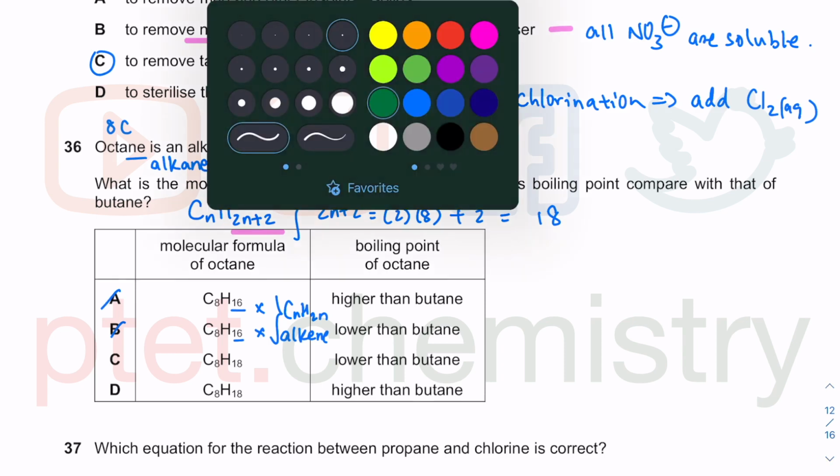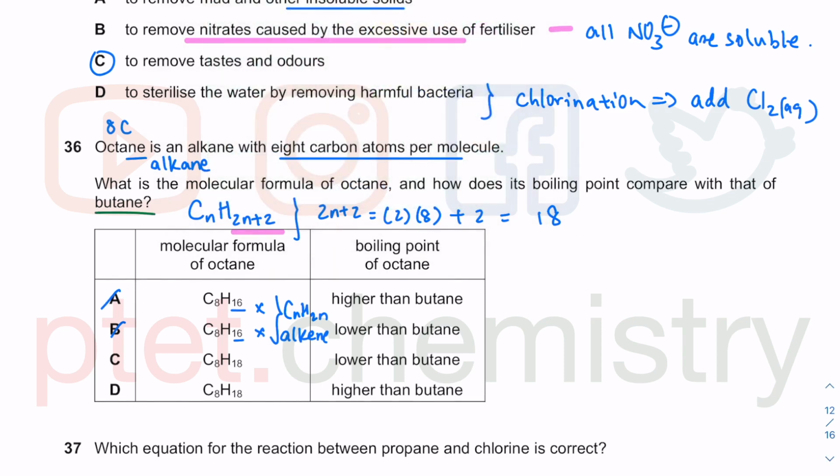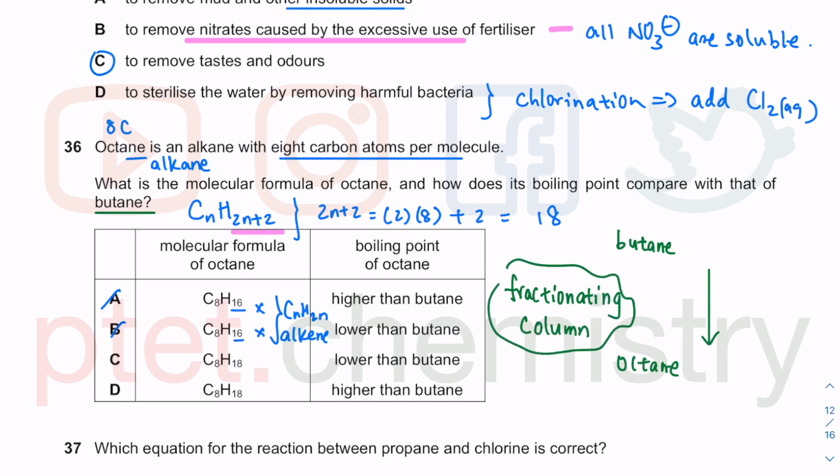In terms of the boiling point, comparing that with butane, we know that in the fractional distillation of crude oil, the heavier you are, the further down you are in the fractionating column. We have fractional distillation, therefore we have a fractionating column. So at the very top, or closer to the top, are your light fractions.